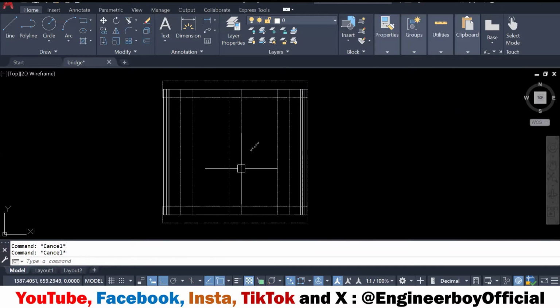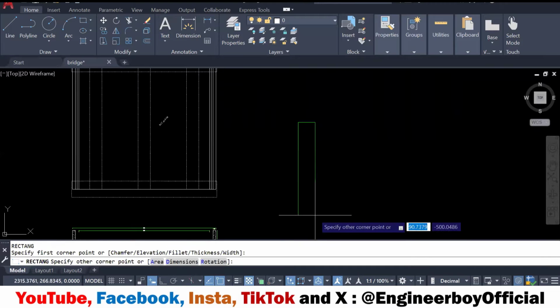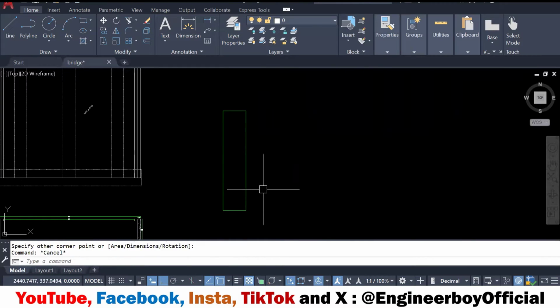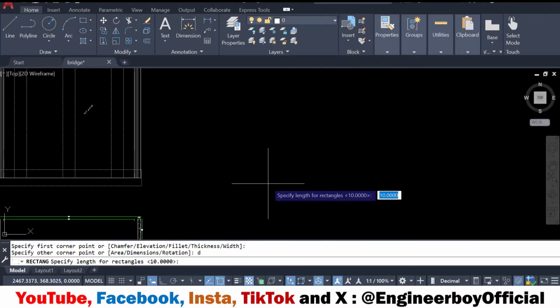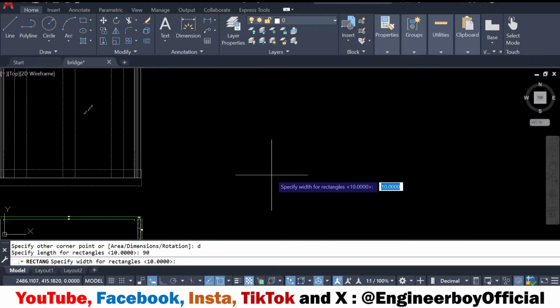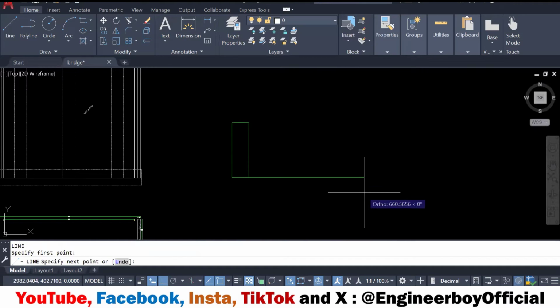And graphically, if you are not that good with drawings, let me say if this is one girder, and here we have, let's say, 90, and then maybe 300. I'm just going to draw this for you so you can understand it.